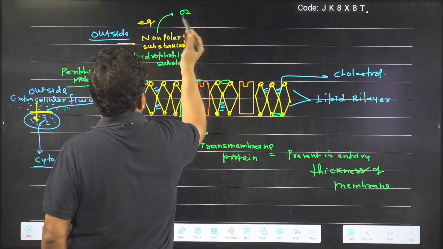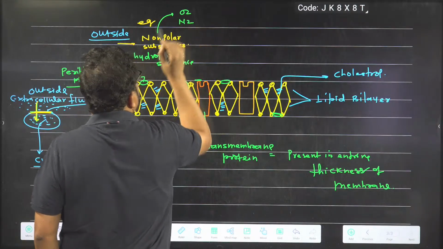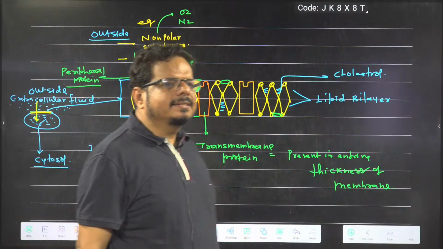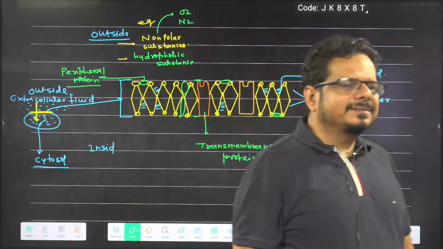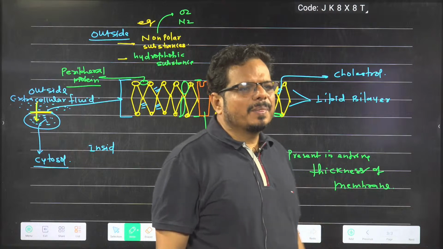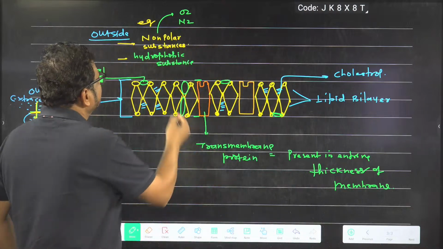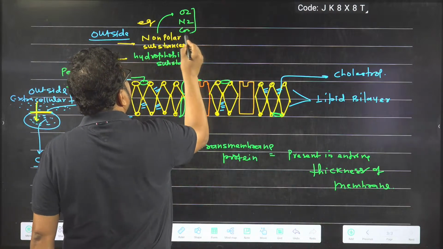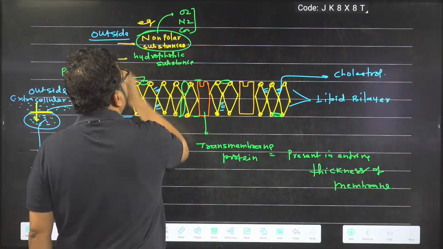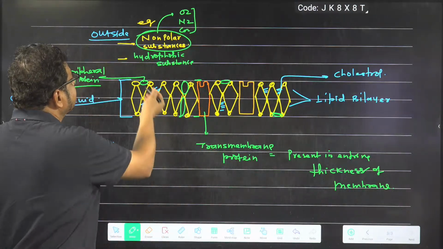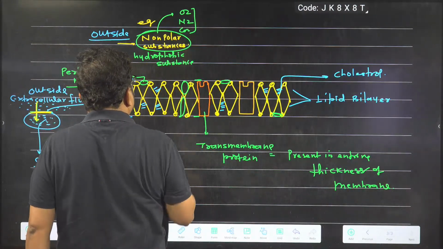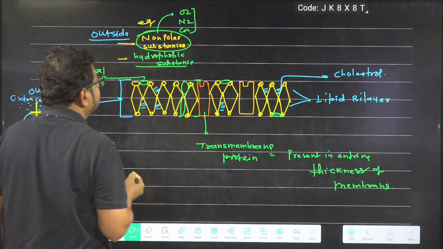I am writing O2, I am writing N2. Are these polar or non-polar? Gases. Got the idea? Right? CO2. All these gases are which kind of materials? Non-polar substances. You can also call them hydrophobic substances.